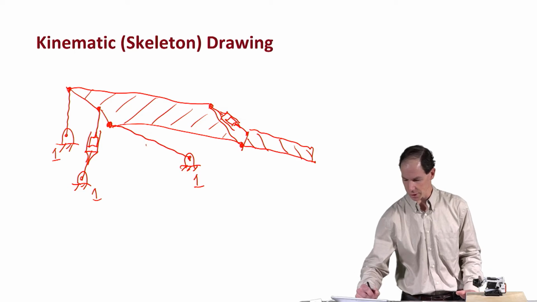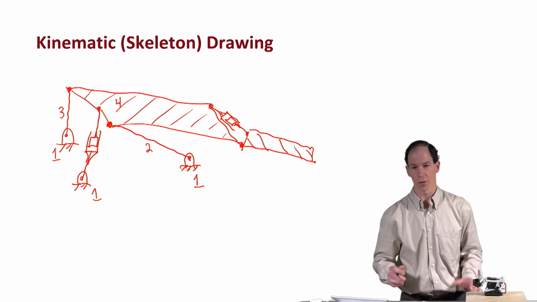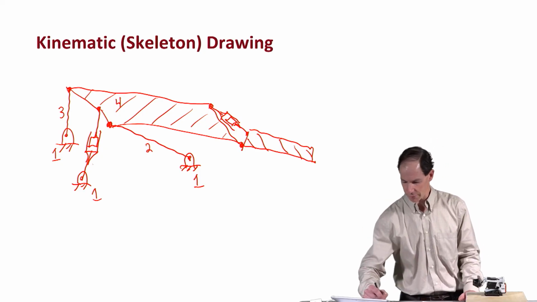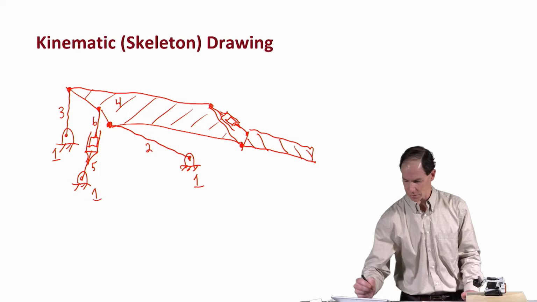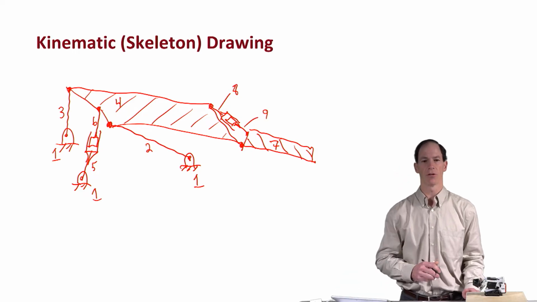So I'll call this link 2, I'll call this one link 3, I'll call the big coupler or the loader arm link 4, and then I'll do 5 and 6 to the 2 pieces of the cylinder here. I'll call the bucket link 7, and then this side of the cylinder I'll call link 8, and this side of the cylinder I'll call link 9. So this happens to be a 9-bar linkage.